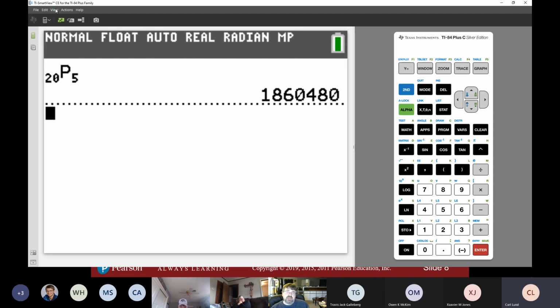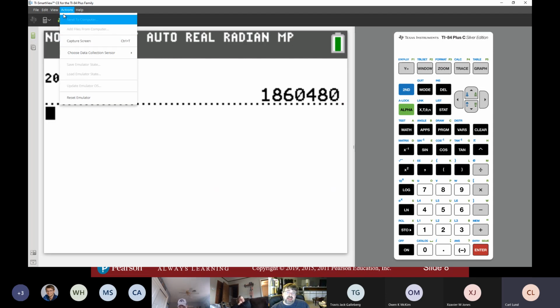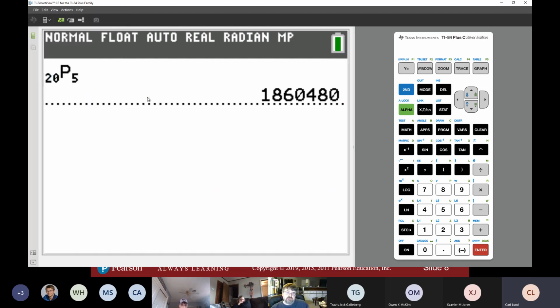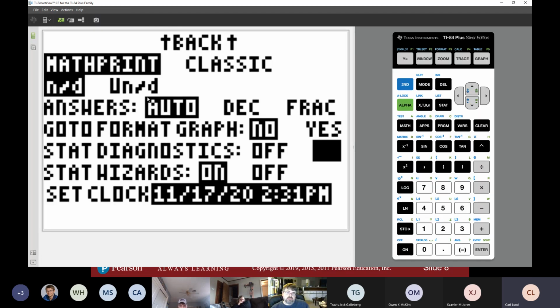If you have an older TI, like a TI-83 or an original TI-84 Plus, that might look a little bit different. I'm going to turn math print off. Whoops. Math print off here so it looks even more different.